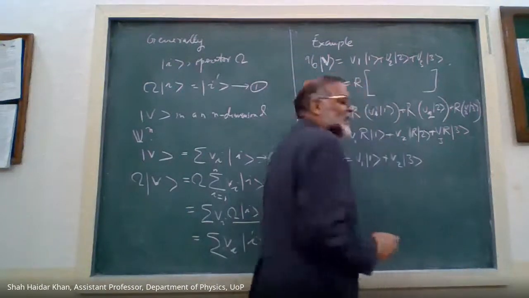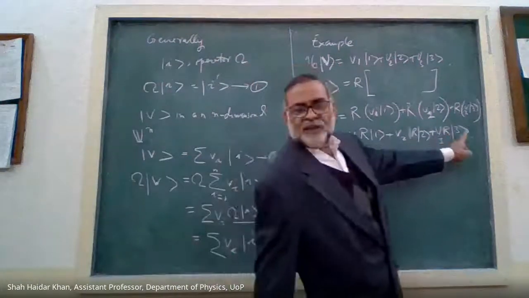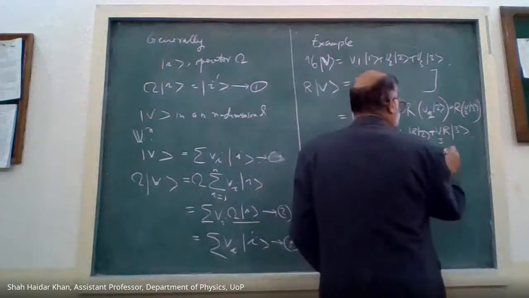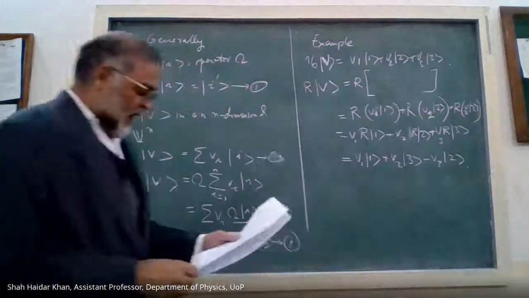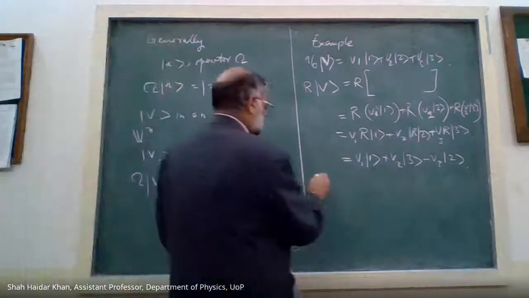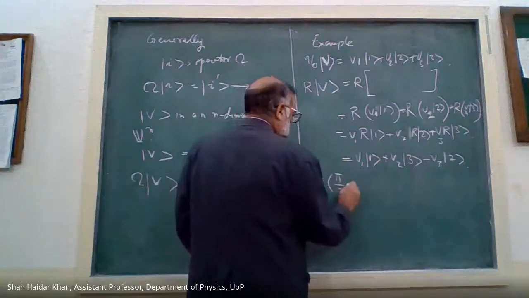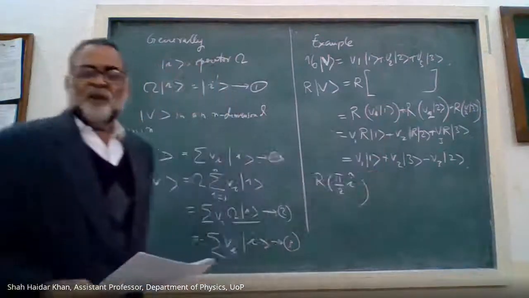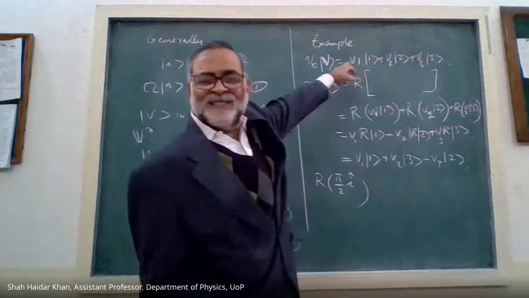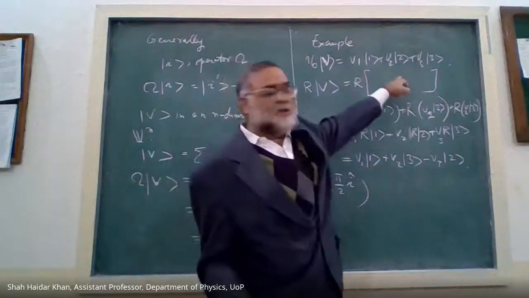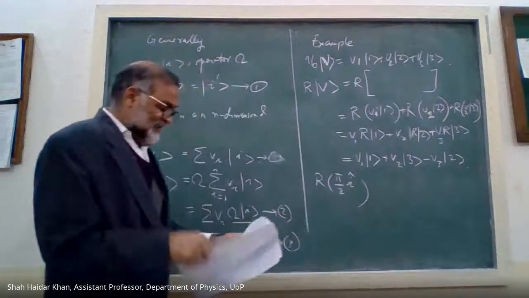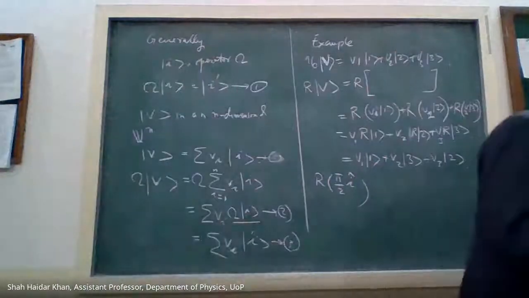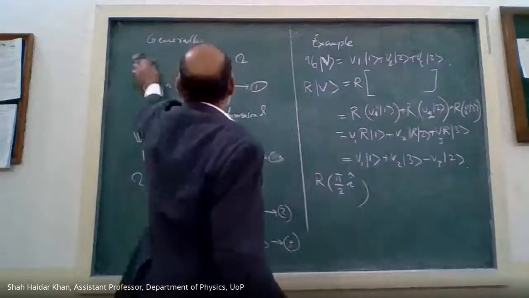So there will be 3. And we saw that this turns 3 into minus 2. So it will be minus V3. So this is how a rotation operator by pi by 2 about ket 1 will be acting on a vector which has components V1, V2, and V3 along the axes. Now let us see how we deal with product of operators.